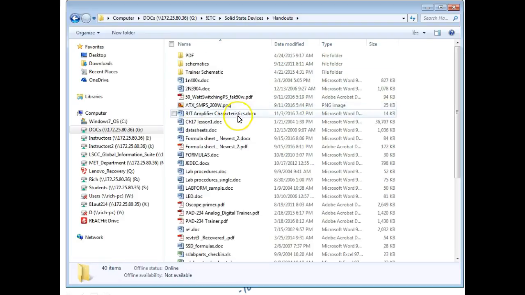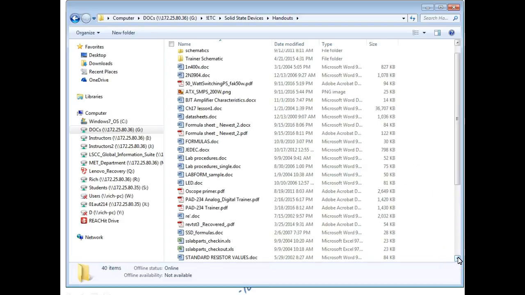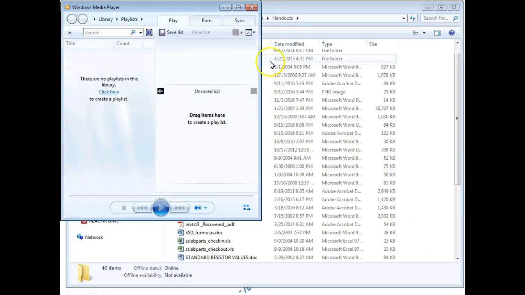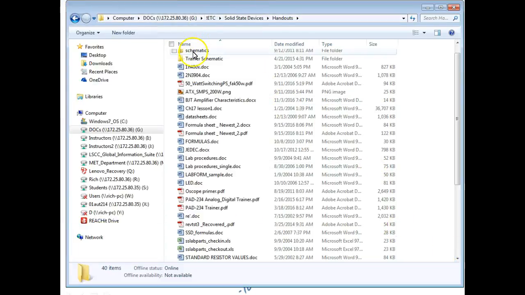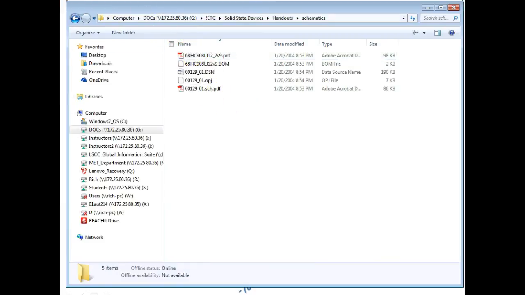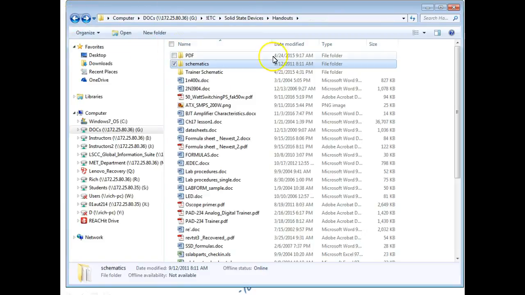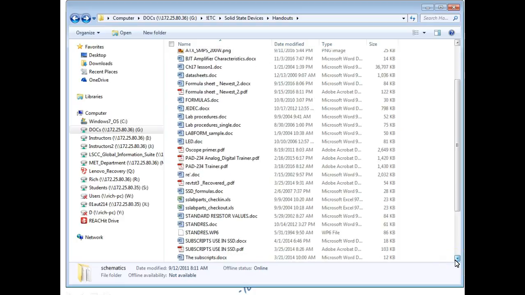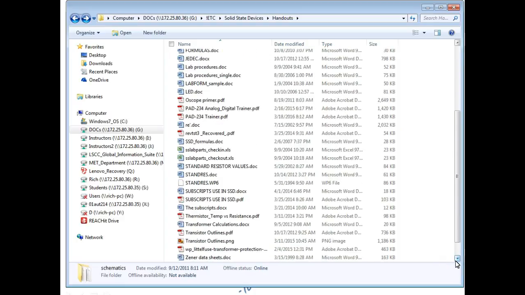So handouts, y'all see a one on a power amp? Let's go to schematics. Nope. I know they're in here somewhere, guys. One of them is a Harman Kardon amp that we've got.